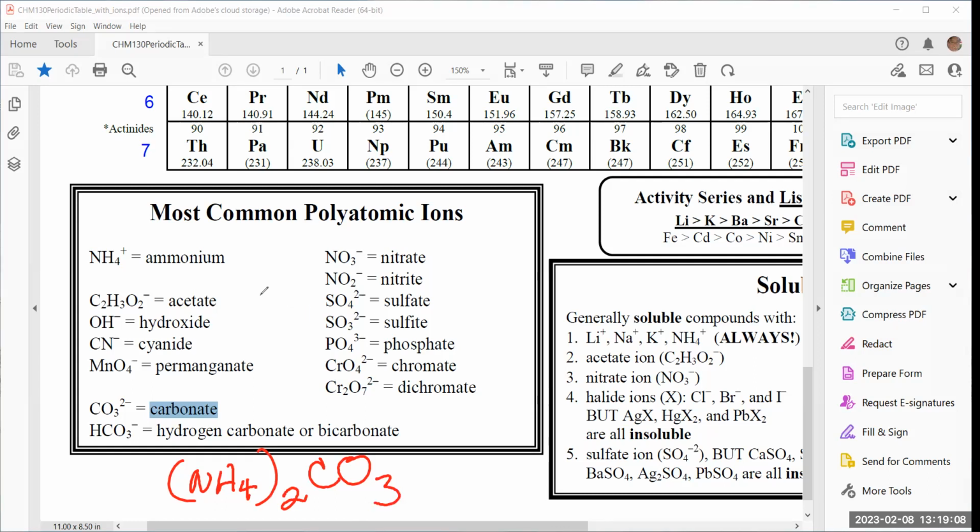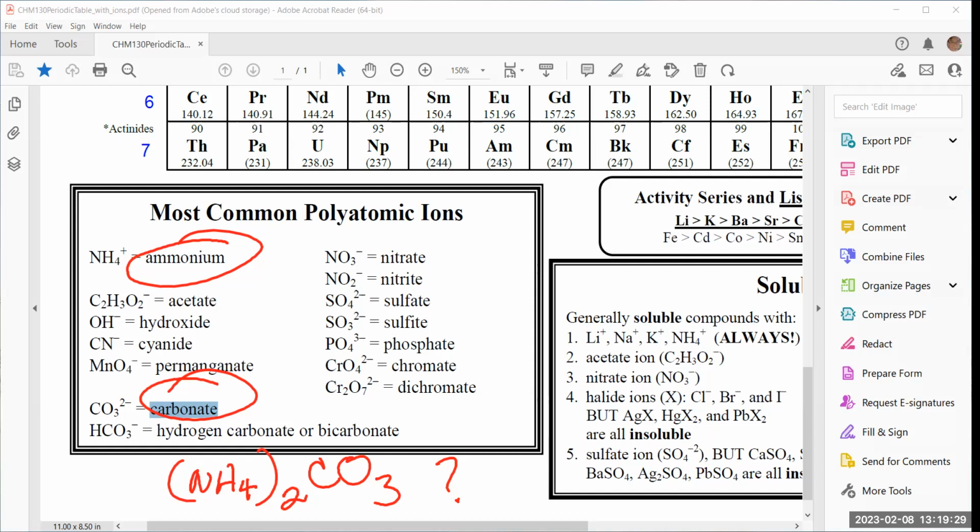Now, if I had to name this compound, what does your intuition tell you its name would be? What do you think? Because I'm using ammonium, I'm using carbonate. What do you think this name would be? Ammonium carbonate. You got it.